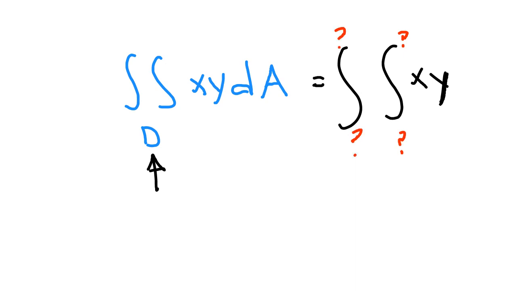Well, actually, first we need to figure out, are we going to do dy dx, or are we going to do dx dy? Which order of integration makes sense? And then based on the order of integration, which is easier, what are the limits?